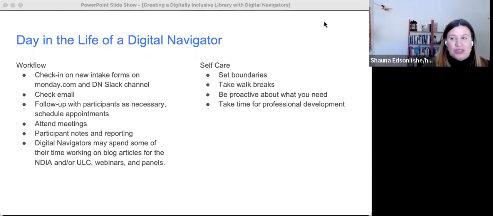We also really emphasized self-care for our digital navigators, learning to set boundaries when working with individuals. We can't do everything for everybody, and it can be really challenging and hard for folks to have to tell people that we can't solve that problem for them.